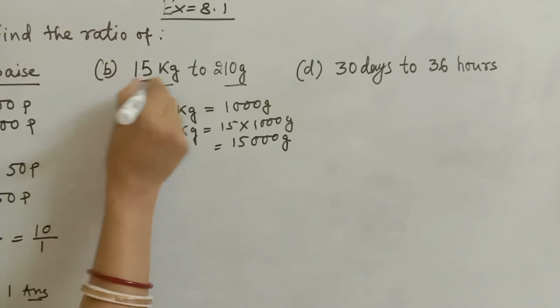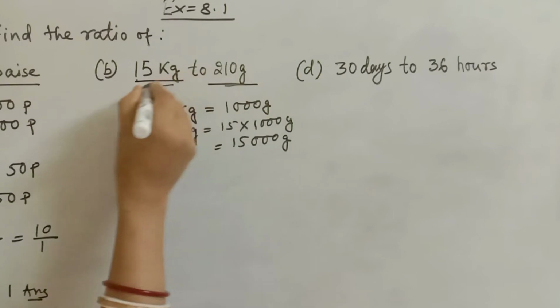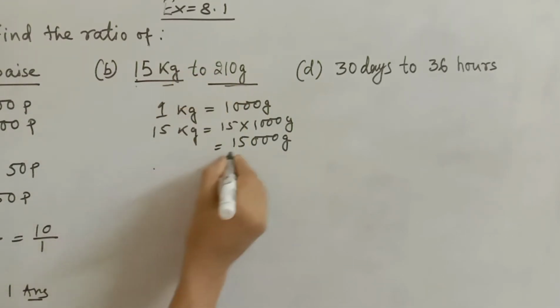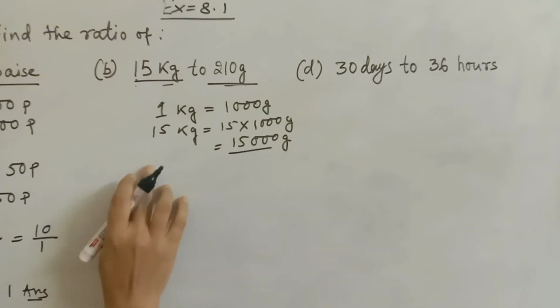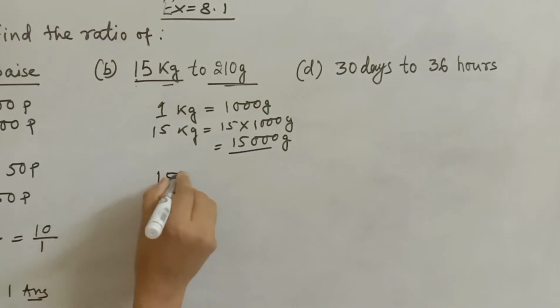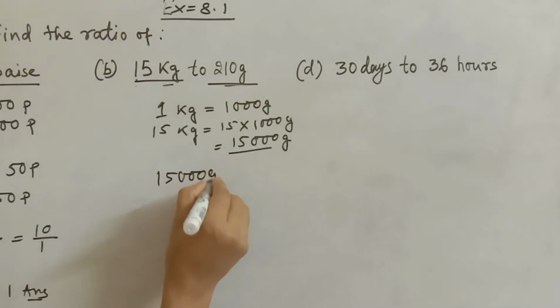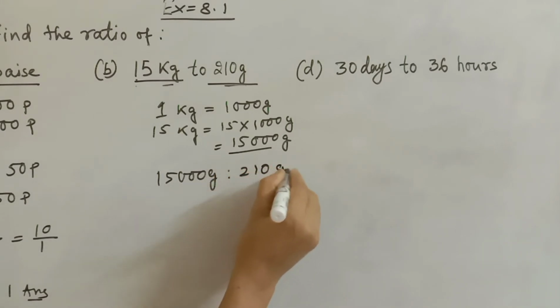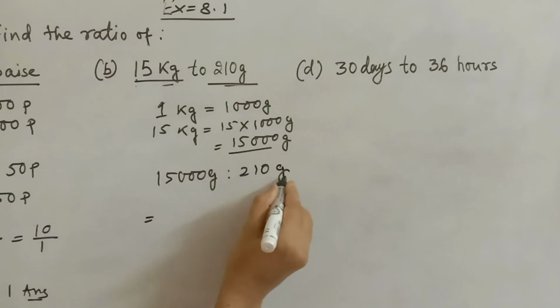Now the ratio is 15 kg to 210 gram. Instead of 15 kg you can write 15,000 gram is to 210 gram, as both the units are same.